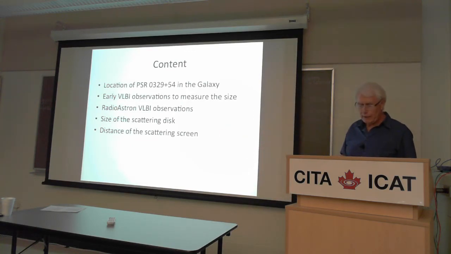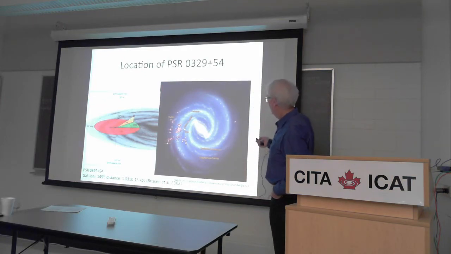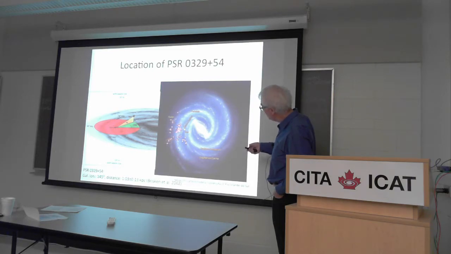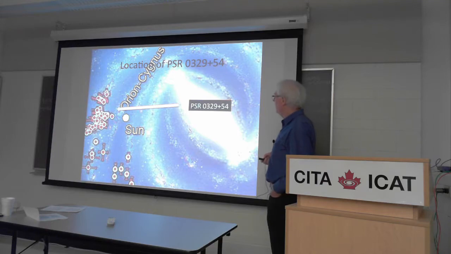So first, the location. This is what you can find on the web: beautiful Milky Way galaxy images with different spiral arms, Perseus, and quite interestingly, between these larger spiral arms, the Orion spiral arm, and our sun is located just on the inside of that arm. Now where is our pulsar? The pulsar 0329 is about 1 kiloparsec away, where the galactic center is about 8 kiloparsecs.